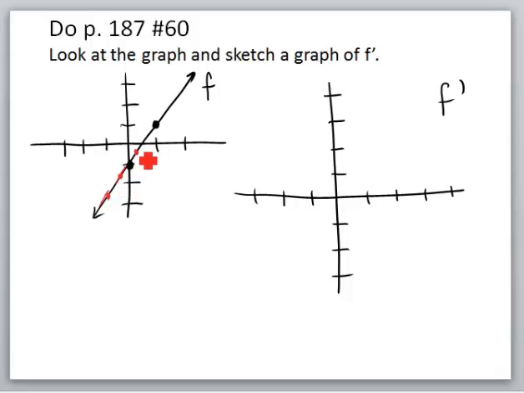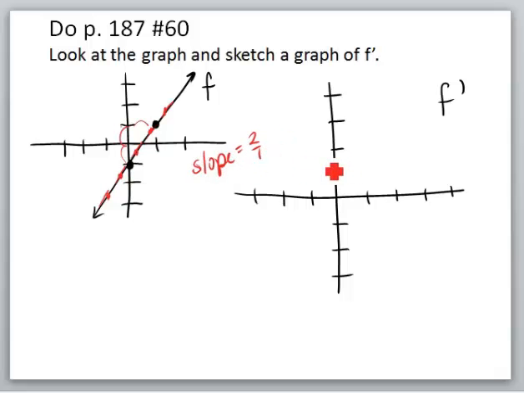Well, if I talk about the slope of the tangent lines of the curve, notice how all the tangent lines to the curve have the same slope. So it's a constant slope, and the slope of the tangent line of the curve happens to be rise 2 and run 1. So the slope is 2 over 1.